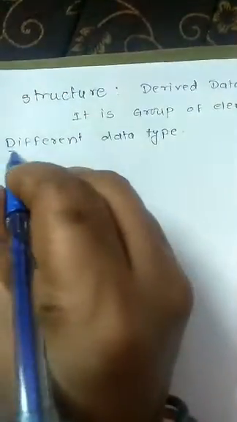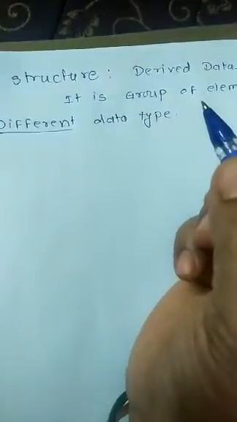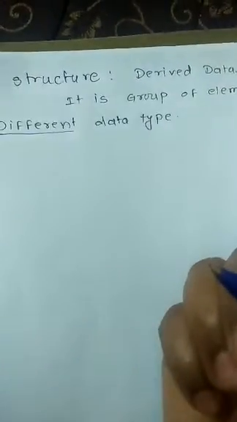So in this definition, the main words are different data types. This is the identity of structure.